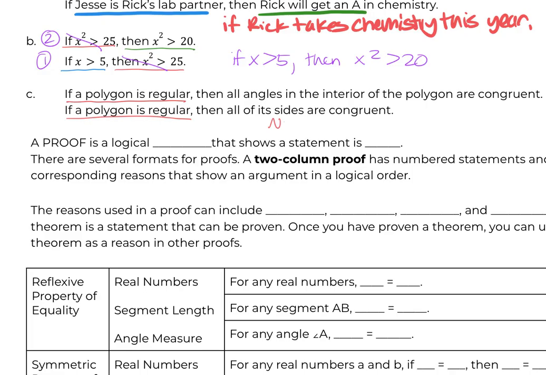So this is not transitive. It does not work. This is all one big if statement. And then these two then statements can come from it, but I'm not going to be able to skip anything. It's not transitive. There's nothing I'm pulling out of the middle. So again, it has a problem. It's not going to work.